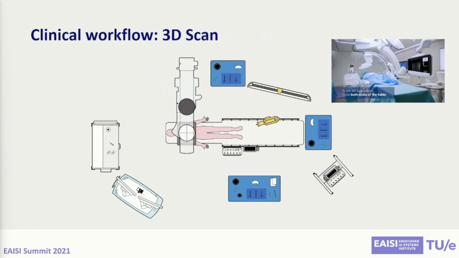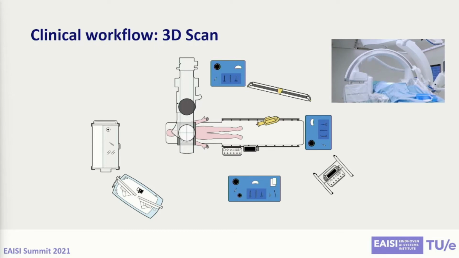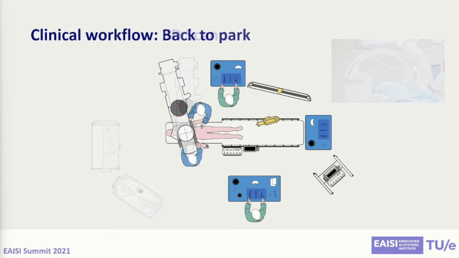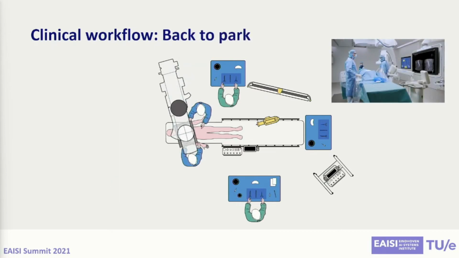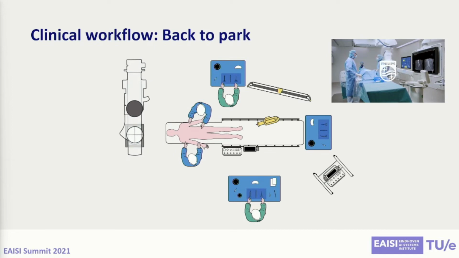After that, he is going to perform this 3D scan to check that he actually placed the stent properly, that there are no leakages, that there are no punctures, and that the work was done properly. To finalize, he is going to move the system from the patient all the way back to the park position.